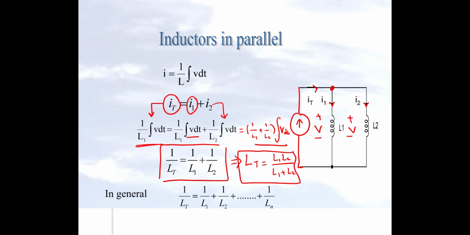We multiply them together and we divide over the summation. Okay, so in general, if I have more than 2 inductors connected in parallel, I can replace them with one equivalent inductor such that 1 over LT is equal to 1 over L1 plus 1 over L2 plus and so on up to 1 over Ln.